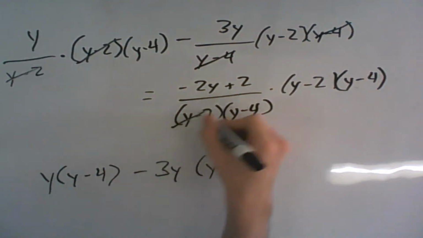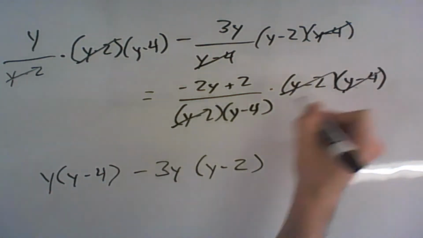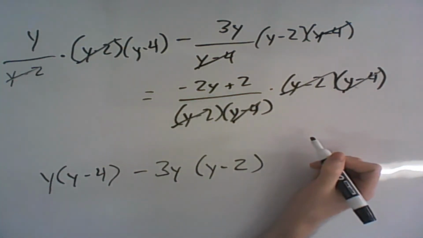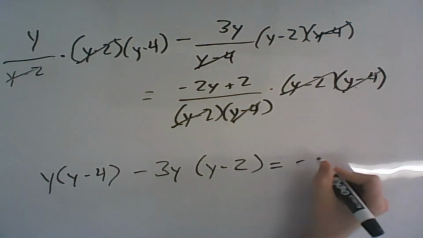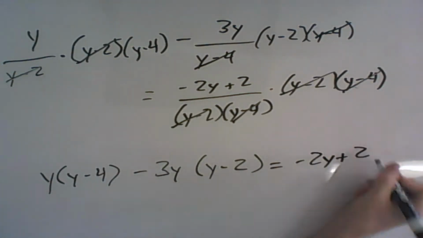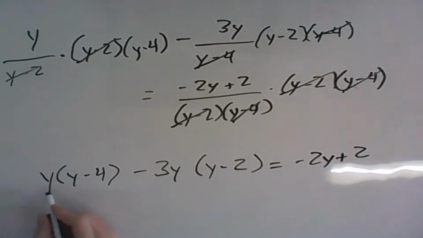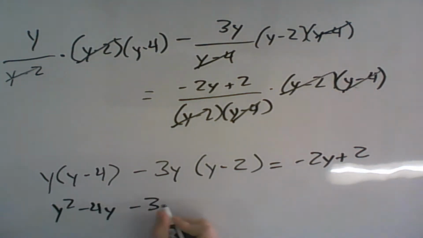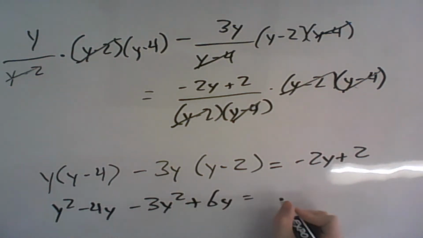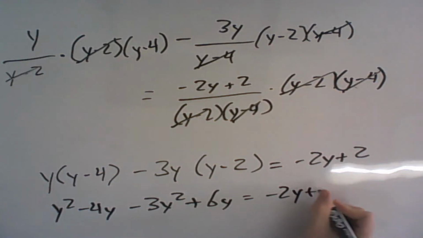So we can cancel the whole thing out. Okay, so then this would just equal negative 2y plus 2. Well, distributing, we get y squared minus 4y minus 3y squared plus 6y equals negative 2y plus 2.